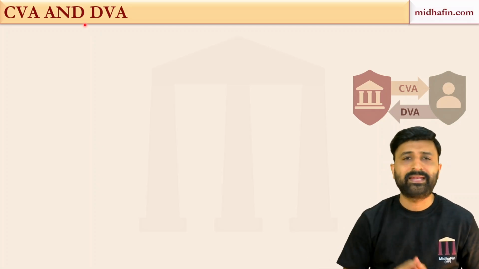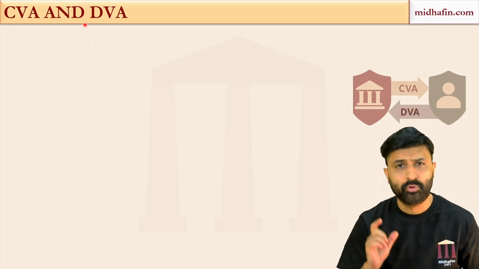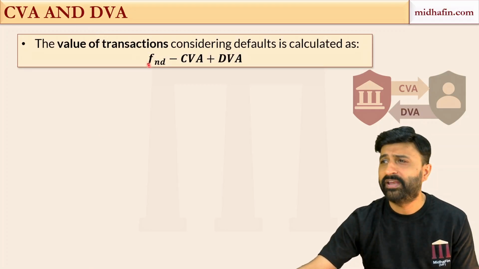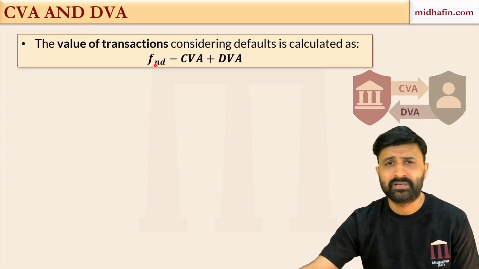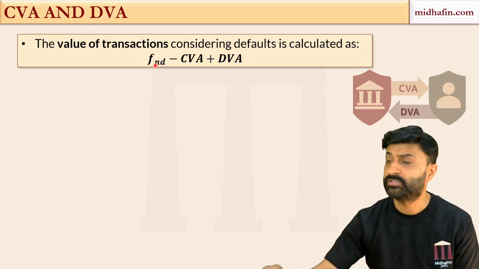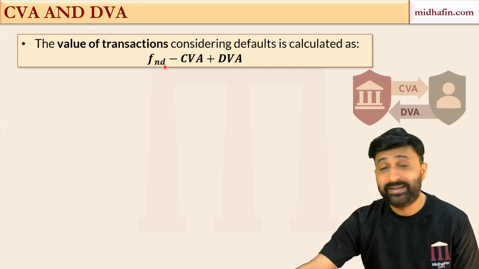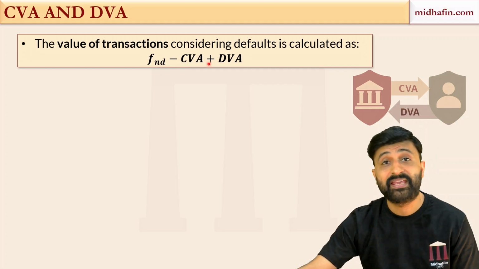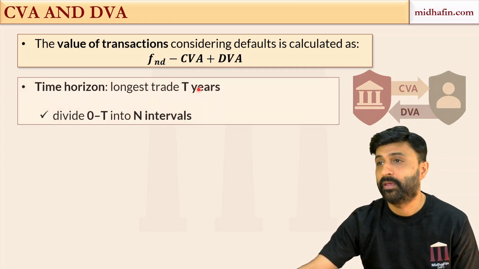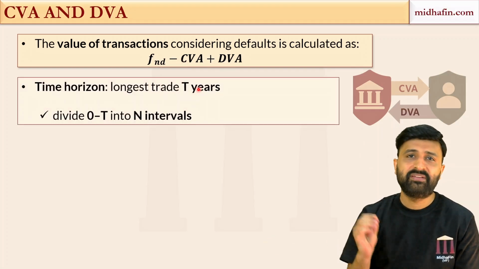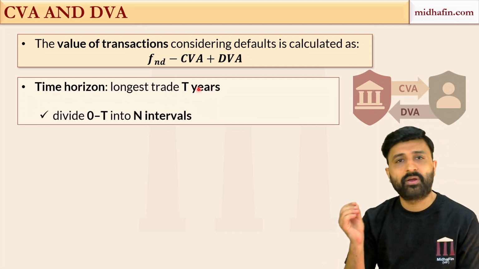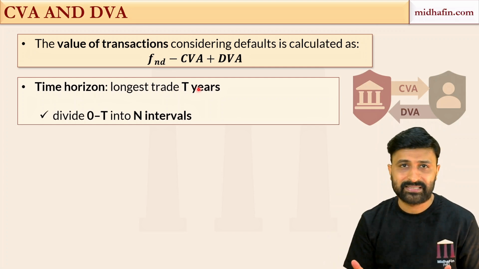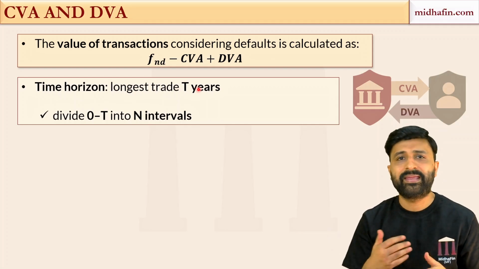Okay, now let us connect these adjustments to portfolio value. We start with the no default value f_nd from standard models like Black-Scholes-Merton models. When we allow for default risk, the value to the bank becomes f_nd minus CVA plus DVA. Now to compute CVA and DVA over time, we take the longest maturity T, split 0 to T into n intervals, and then we work interval by interval.